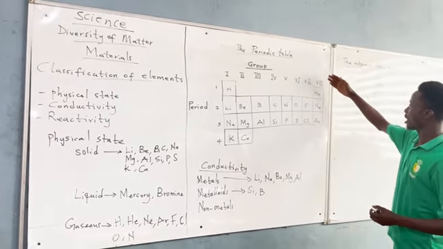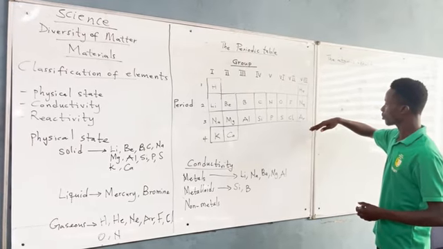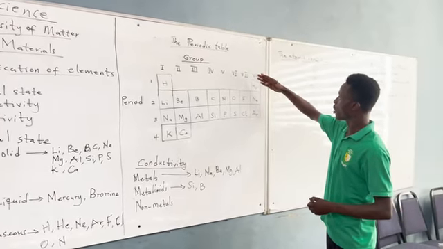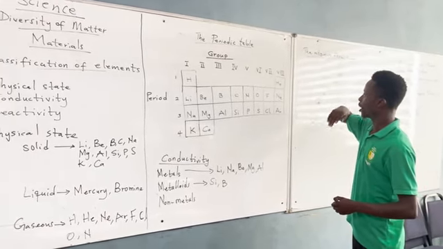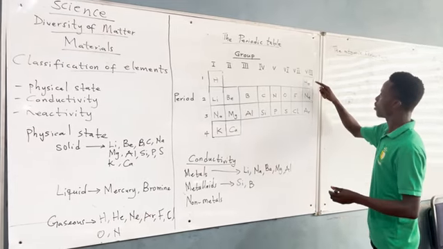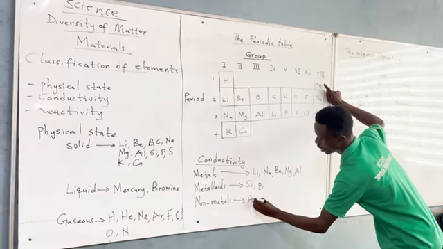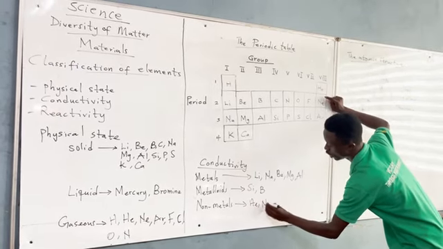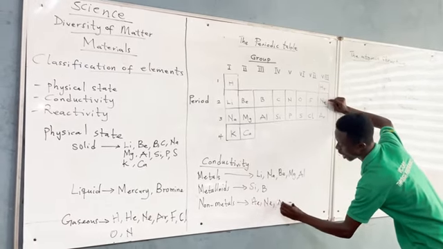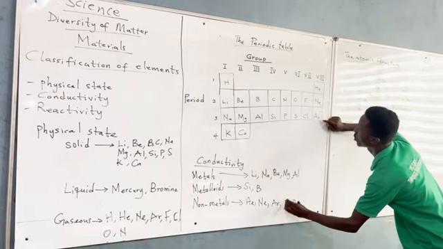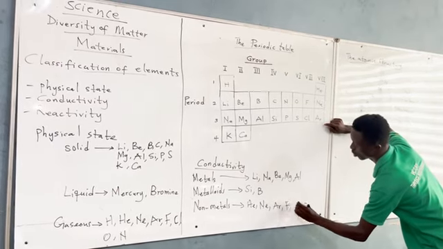The next one, let's look at non-metals. All the elements that are in group 8 and group 7 are non-metals. So we have helium, neon, argon, fluorine, chlorine.